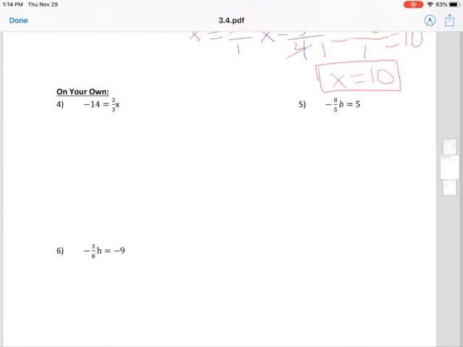So again, this is all multiplication, so we're going to be dividing by a fraction, and when you divide by a fraction, you are really multiplying by the reciprocal. So I'm going to end the video here, and you guys are going to go play the next video where you will practice these 3 out, and then you can watch me work them out.